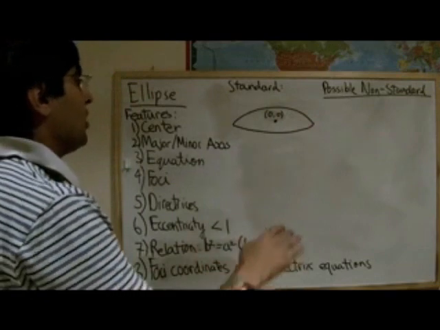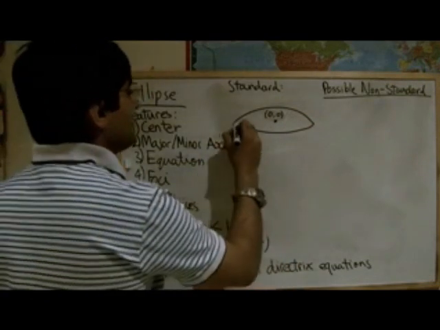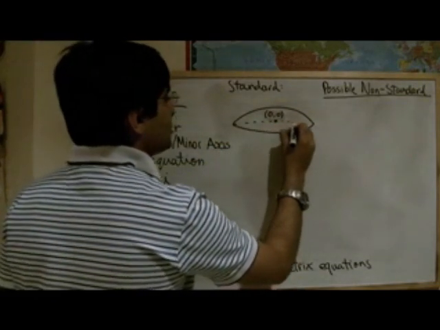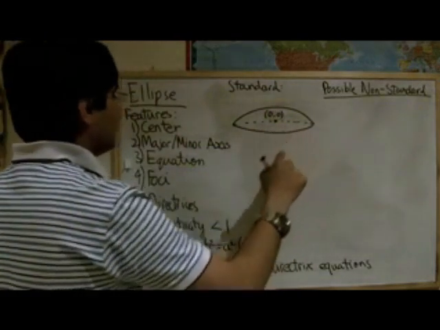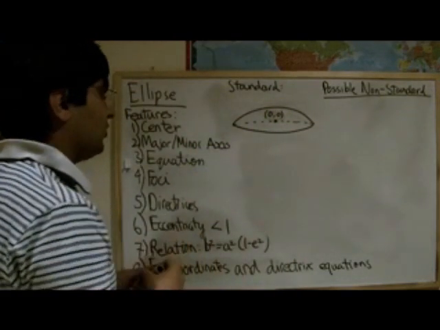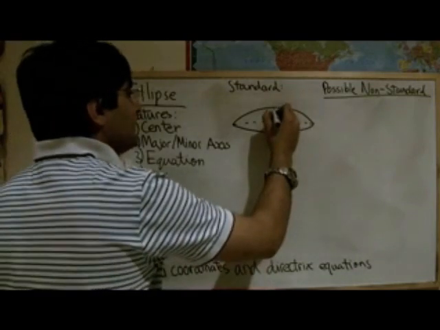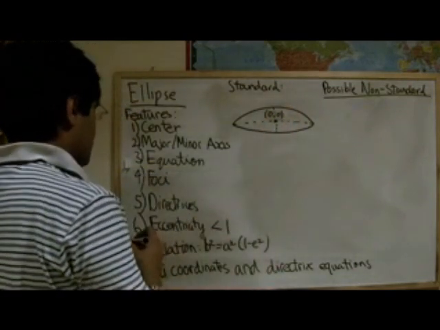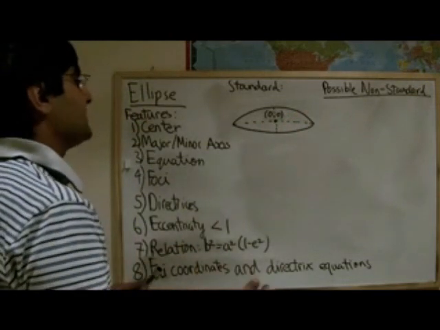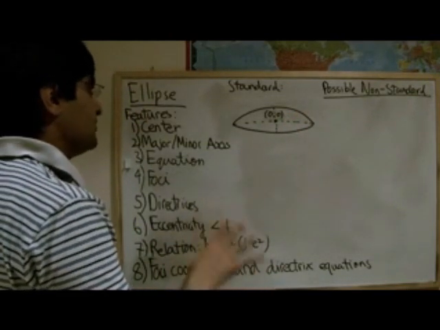And as a result, the horizontal length, which let's show with a dashed line here, this horizontal maximum width is called the major axis because it's bigger. And consequently, this vertical maximum width is called the minor axis because it's the shorter of the 2.